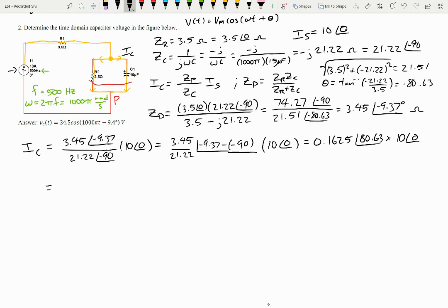So this would just be 0.1625 times 10. And now instead of subtracting the angles, we'll add them together, so 80.63 plus 0. This will give us 1.625 at an angle of 80.63 degrees. And that is IFC.